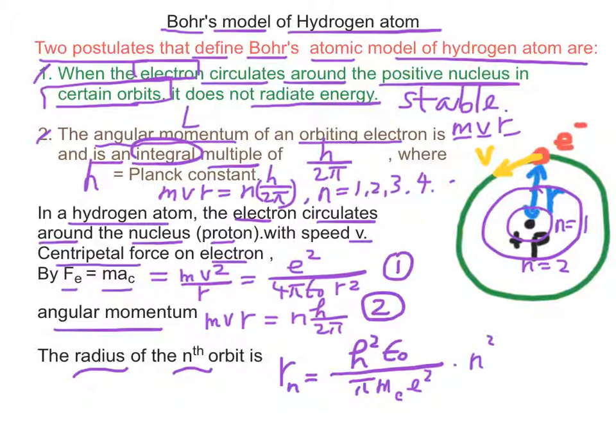Notice that the radius of the electron in the nth orbit is proportional to the square of n.